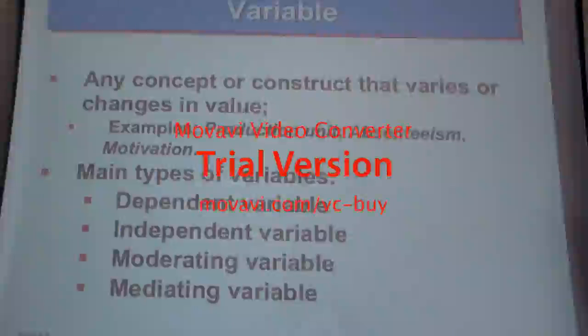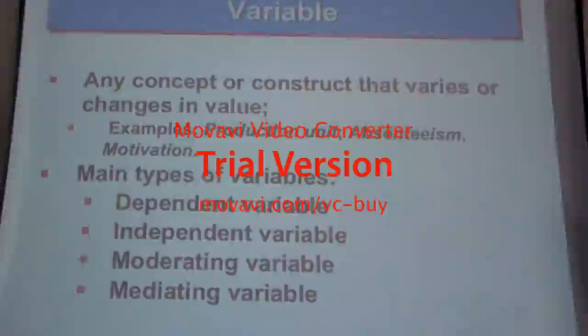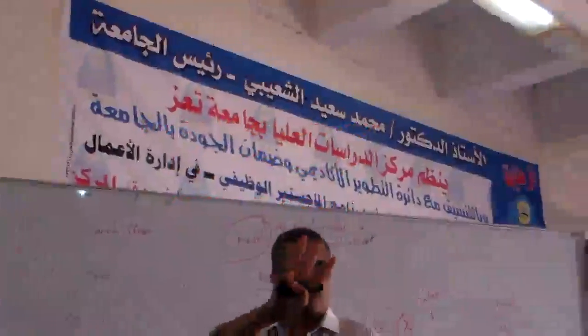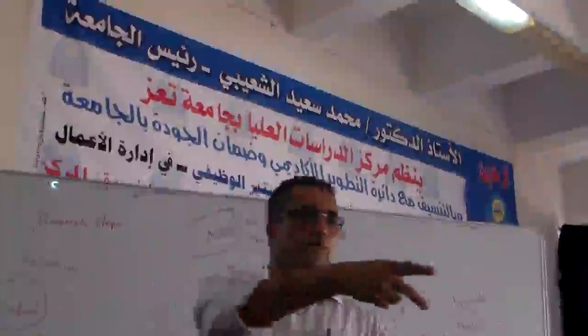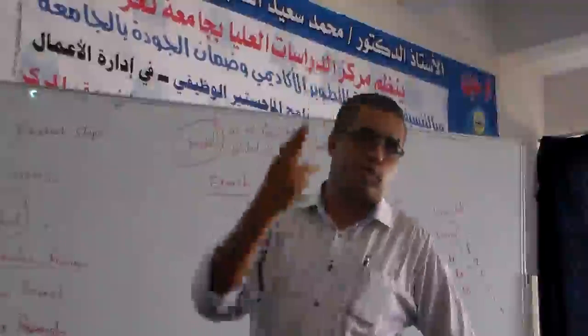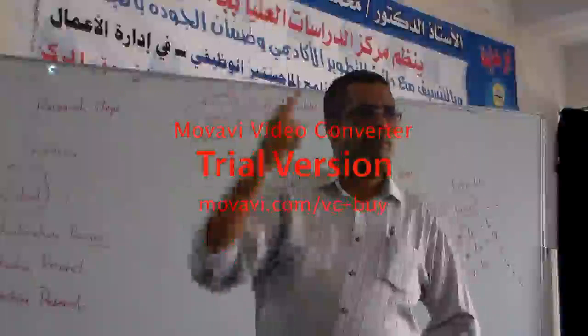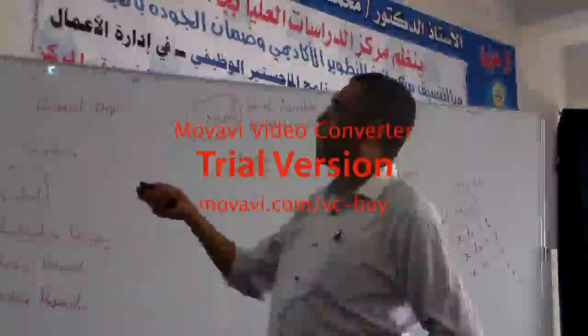For example, we are 3 employees, me and you and our brother. I can produce three products, for example, per hour. You can produce 5 products per hour. He can produce maybe 10 products per hour. This is what we mean by production unit.